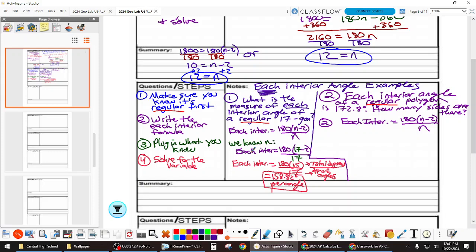So step 3, plug in what you know. What do we know this time? Each interior, right? So this becomes 172.8, and the whole right side stays the way it is because we don't know n.